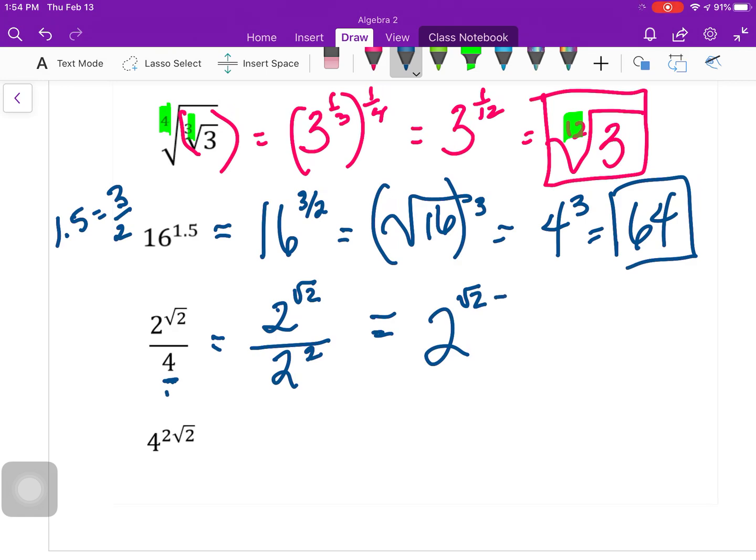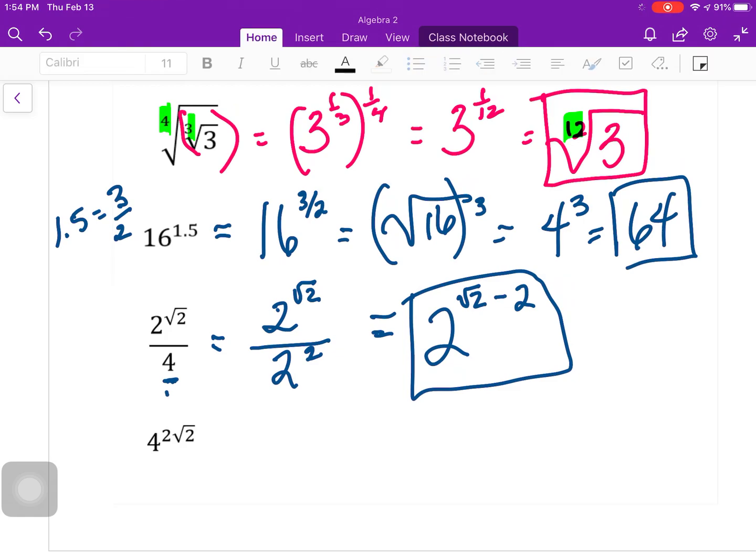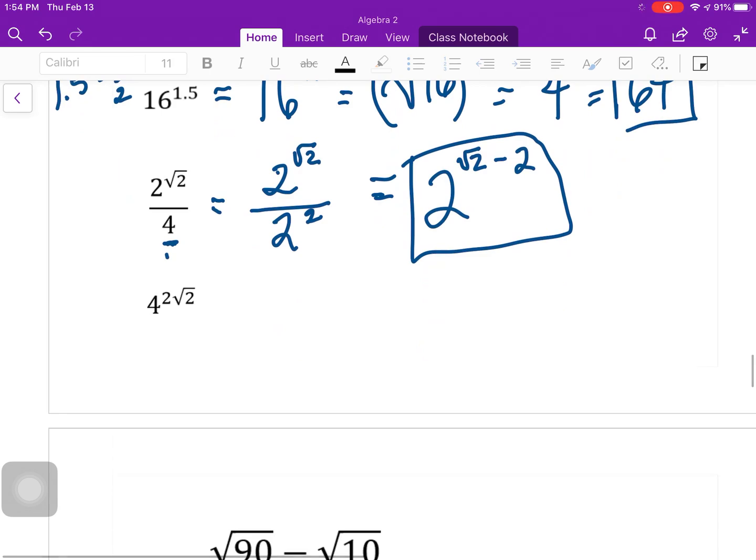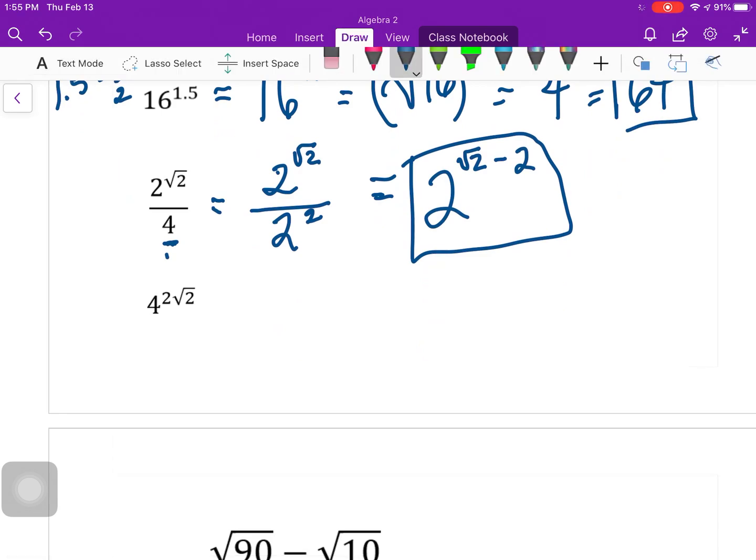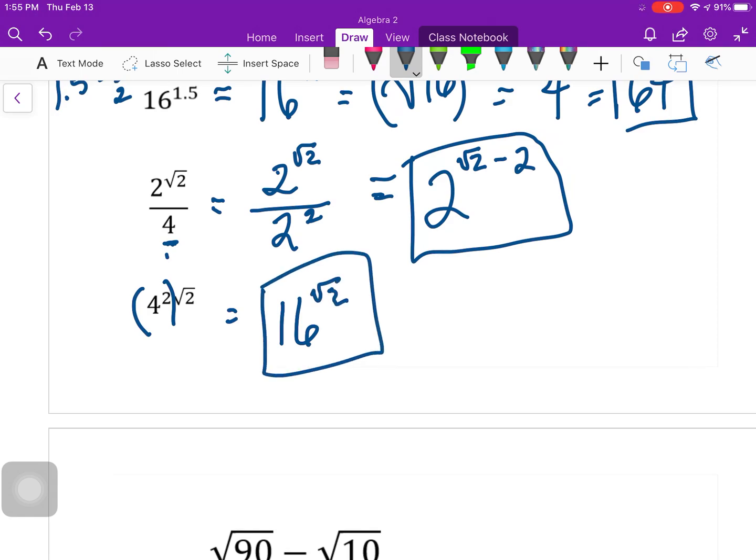So I get 2 to the square root 2 minus 2. Some people don't think of this one as being simplified, but can we still take that power of 2? 4 squared would be 16, and I still have the power square root 2.